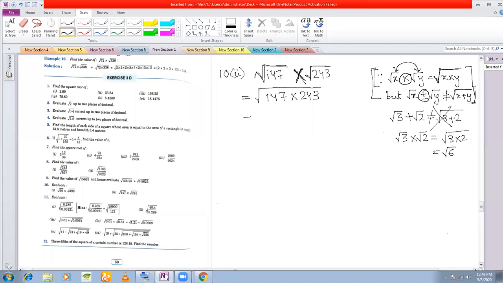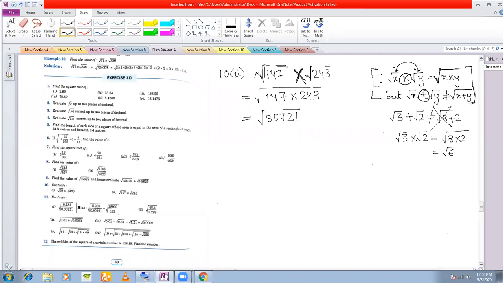Okay. So now once we have got this as a single radical, if you multiply 147 and 243, you are going to get 35721. Now the question is how to find out the square root of this.